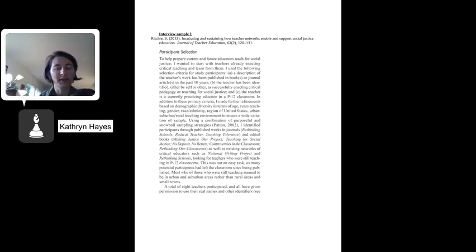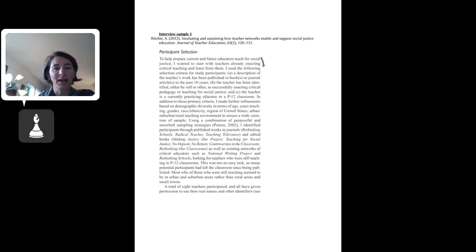So I'm going to close with going over a couple of examples from the literature about how people write up their sampling design. And this is where you can really get your pen out, scribbling out your own paragraph regarding your sample. So this is from Ritchie. You see the citation up above. And she says, to help to prepare current and future educators to teach for social justice, so you can see the purpose, I want to start with teachers already enacting critical teaching and learning from them.